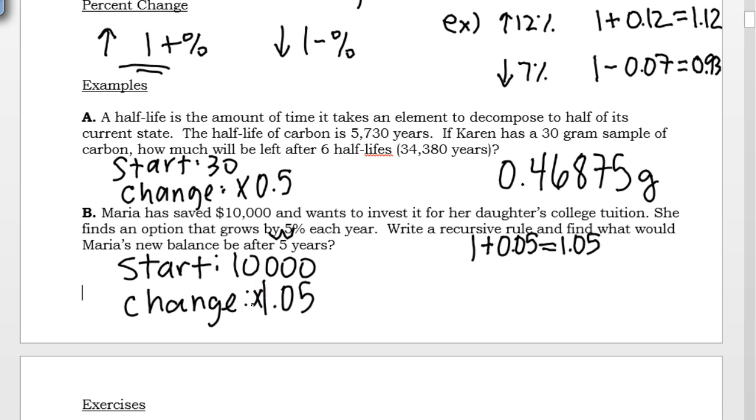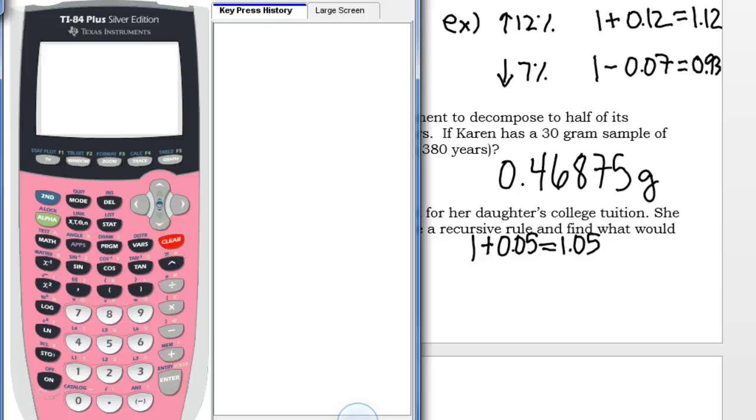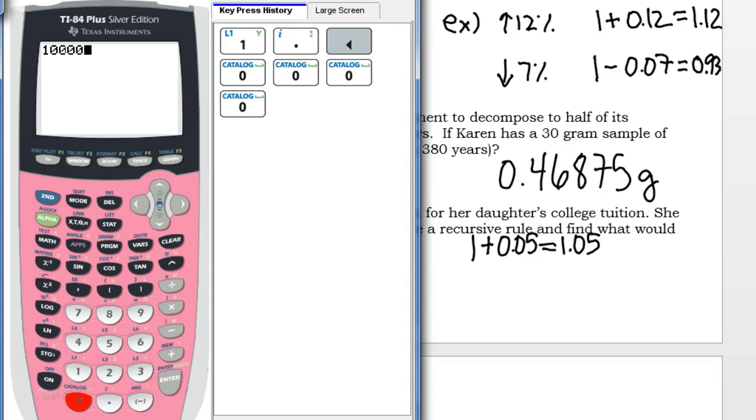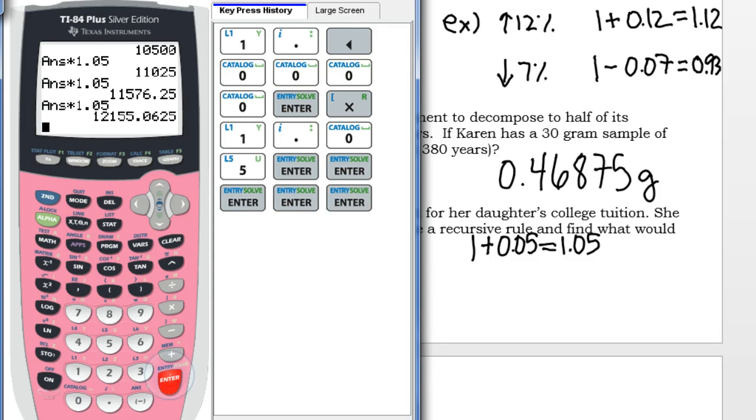How much would there be after 5 years? Start, change, 1, 2, 3, 4, 5 years, $12,762.82.